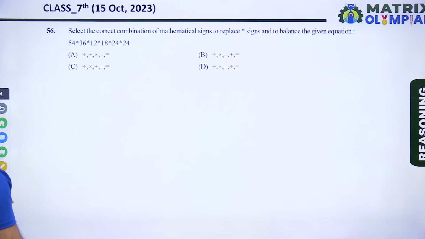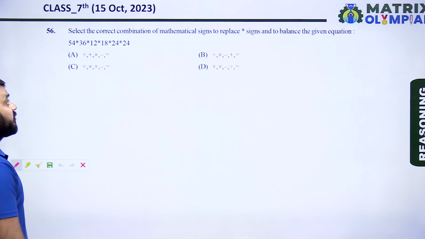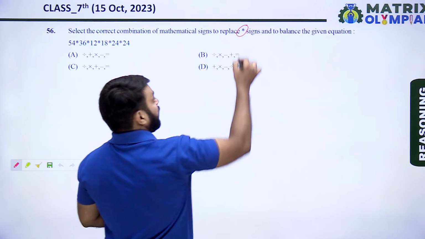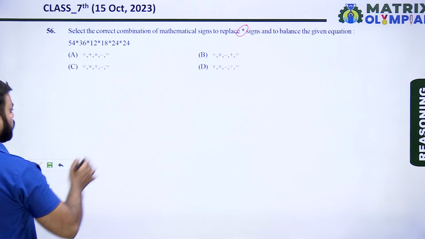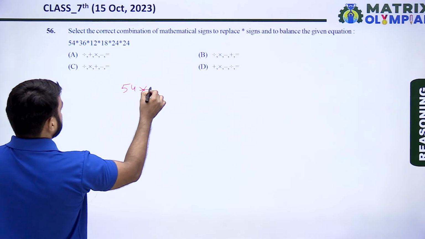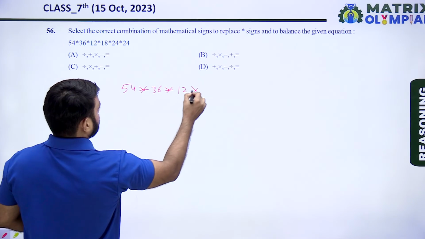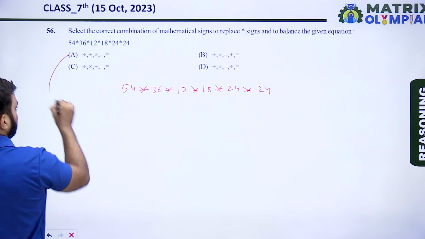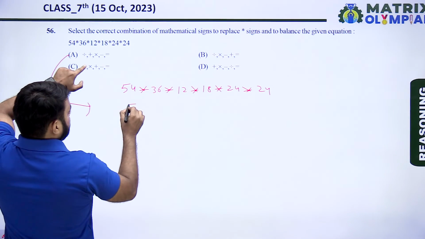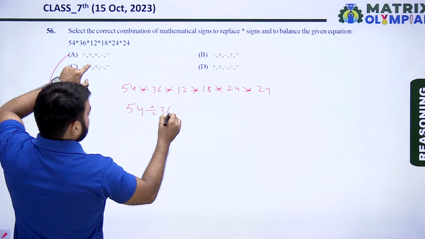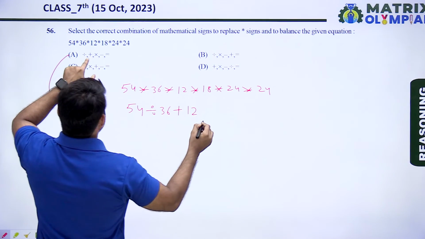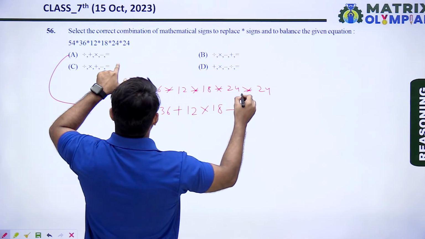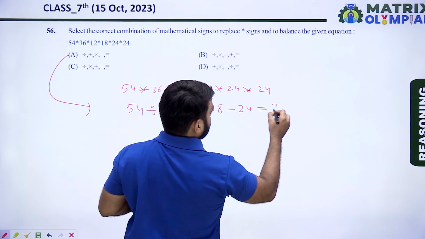So the next question is question number 56. Select the correct combination of mathematical signs to replace the asterisk signs and to balance the given equation. So according to the question, first taking option A, first asterisk means divide, second asterisk means plus 12, third asterisk means multiply by 18, fourth asterisk means minus 24, and fifth asterisk means equals to 24.